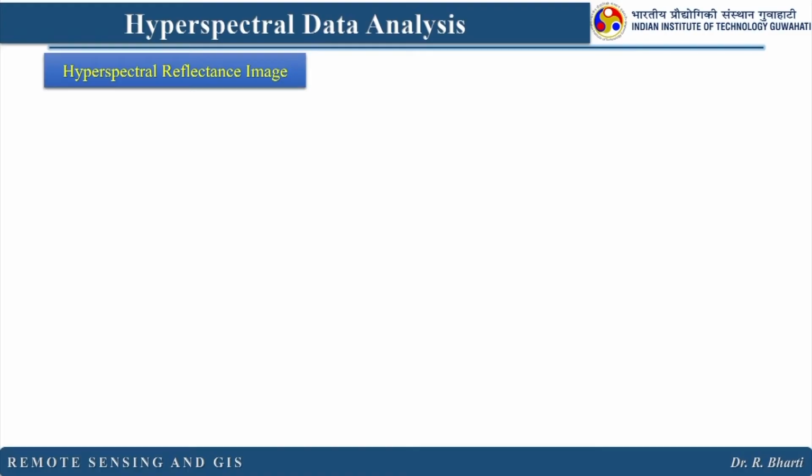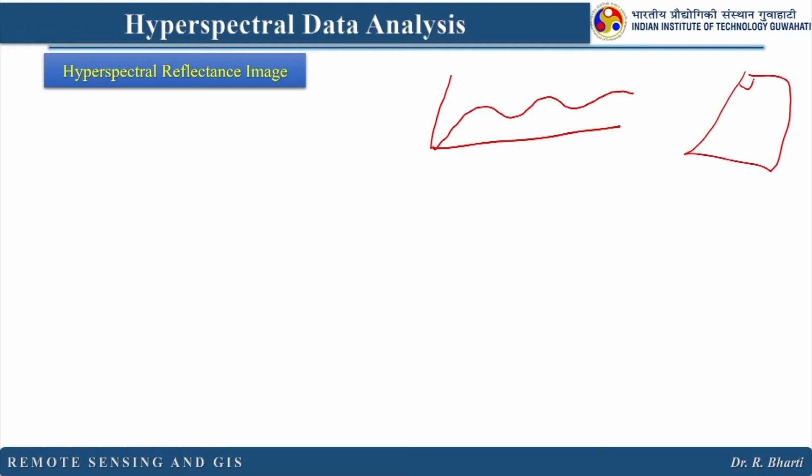So here the first one is the hyperspectral reflectance image. It can be a hyperspectral emissivity image, but here I am intentionally putting the reflectance image because from the spaceborne satellite we are getting only reflectance images in hyperspectral remote sensing mode, right? So I hope you remember this hyperspectral remote sensing data gives you the contiguous spectral response for each and every pixel, right?